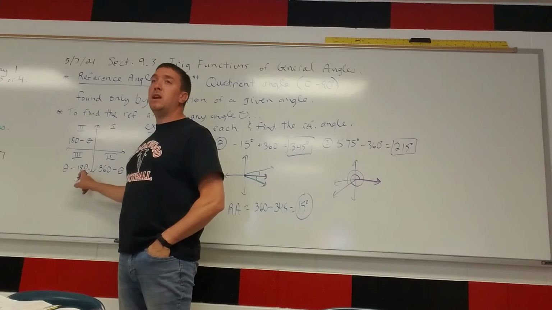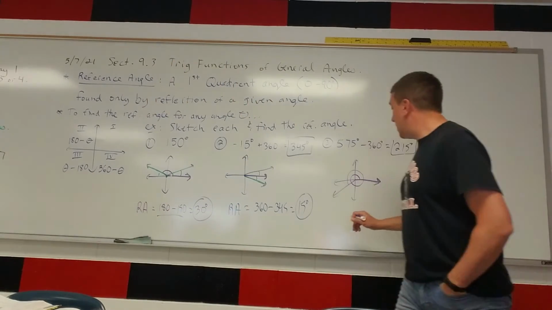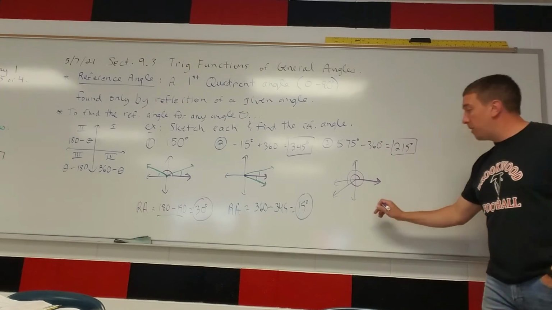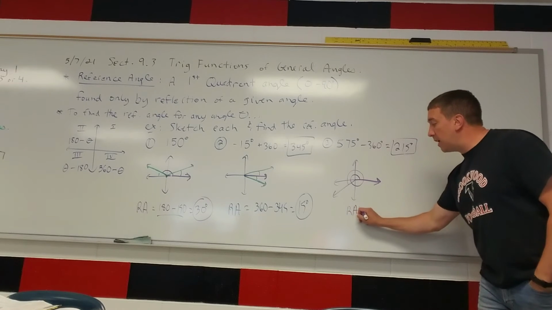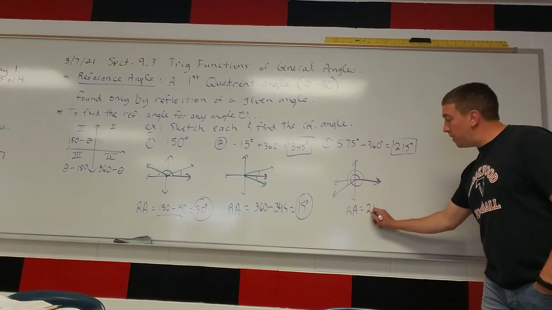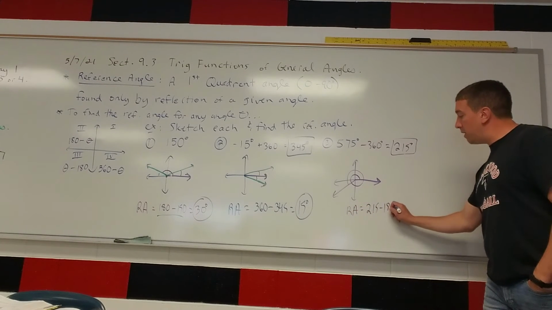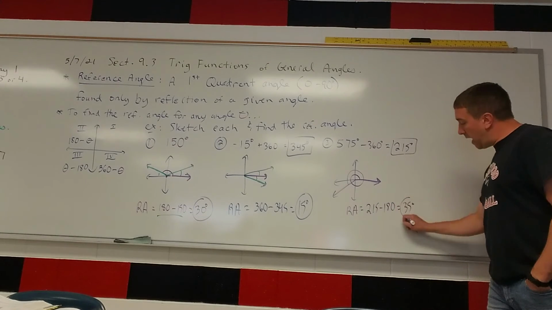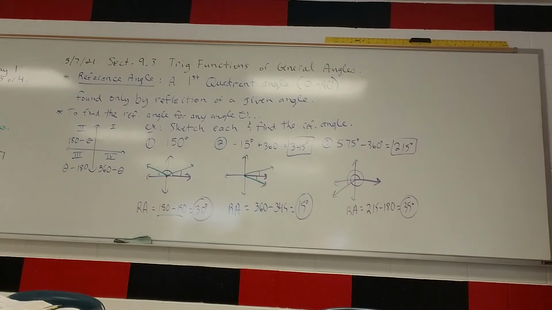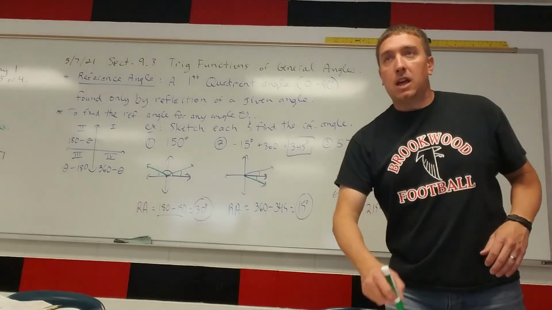You subtract 180 from it. So what you actually do here, and you get the same number I just mentioned, 35 degrees, your reference angle is 215 minus 180, which is 35 degrees. Again, in quadrant 3, you subtract 180 from it. So it's that 215 minus 180 is that 35.